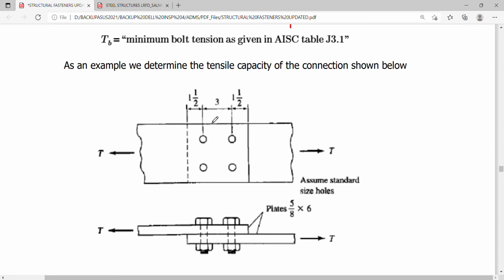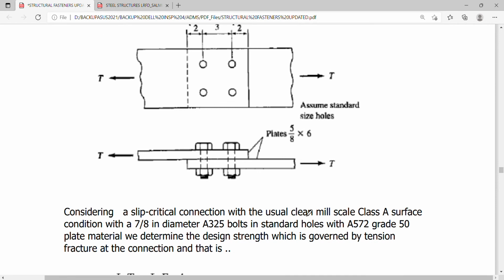The center spacing and the edge distances are given. We assume standard size holes, and the plate is 5/8 by 6. So considering a slip critical connection with the usual clean mill scale class A surface condition, diameter of bolt is 7/8 in, standard holes, with A572 grade 50 plate material.